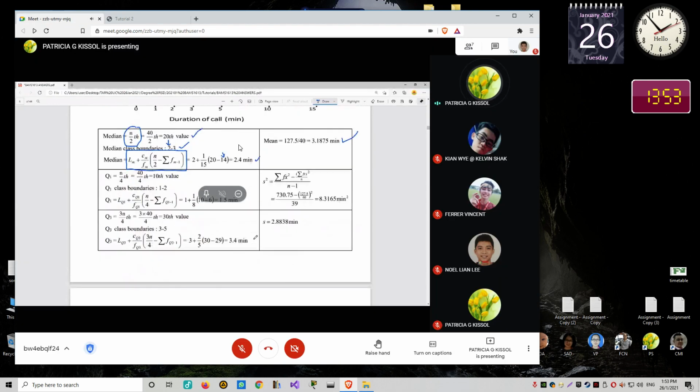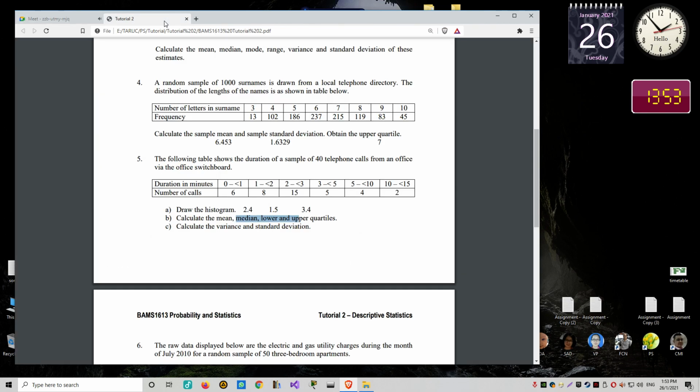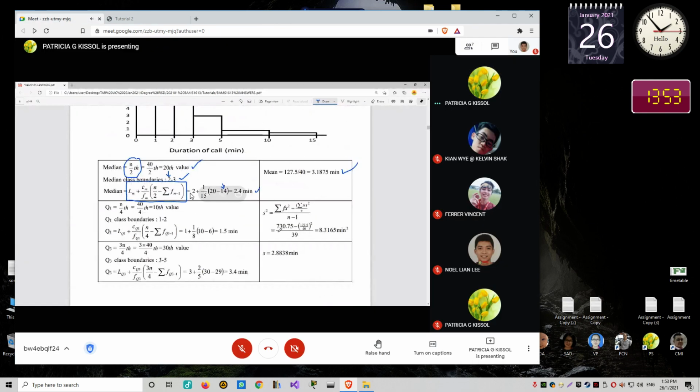Did the question ask you to find the mode? No. Then the quartiles, right? I don't want to touch on the quartiles here. This one we discuss next week. But you can see how the answer is calculated. I'll discuss it further next week.